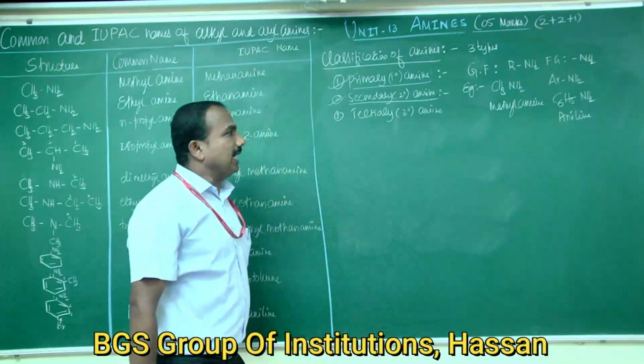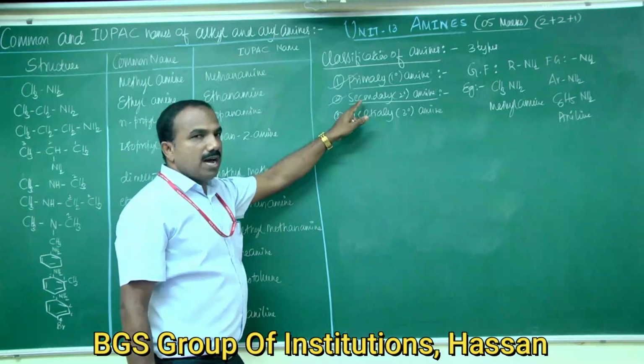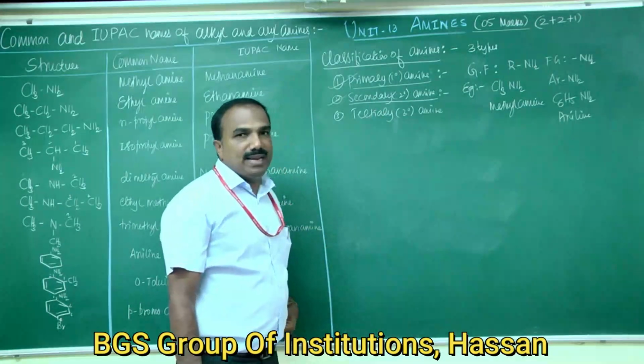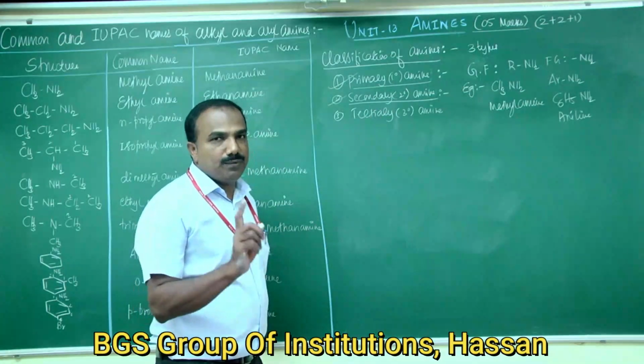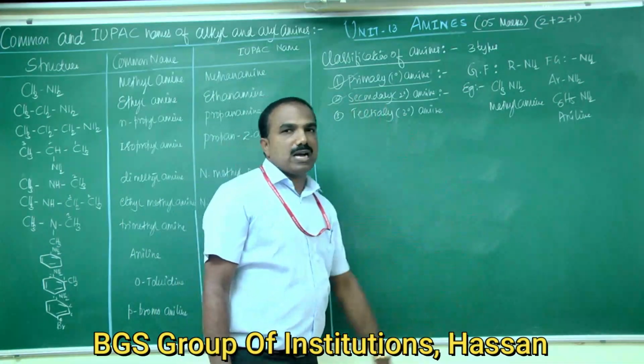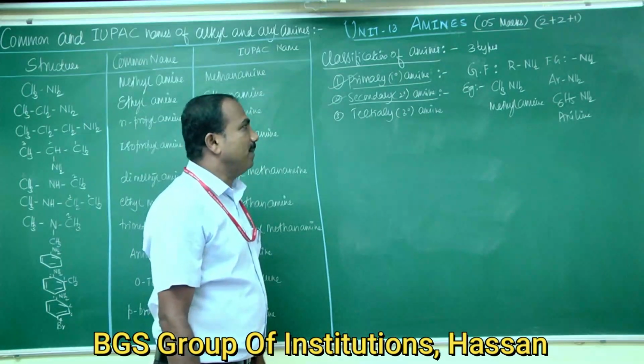If two hydrogen atoms of ammonia are replaced by alkyl or aryl groups, then that amine is called a secondary amine.